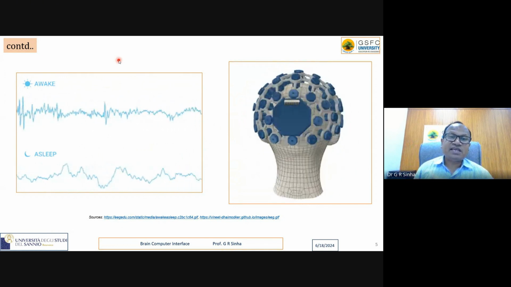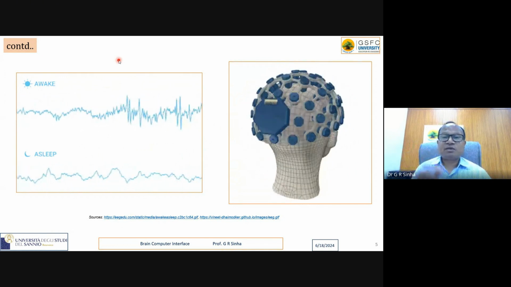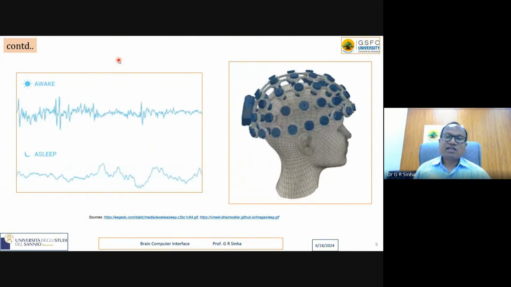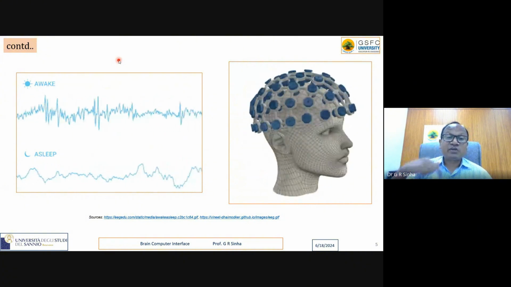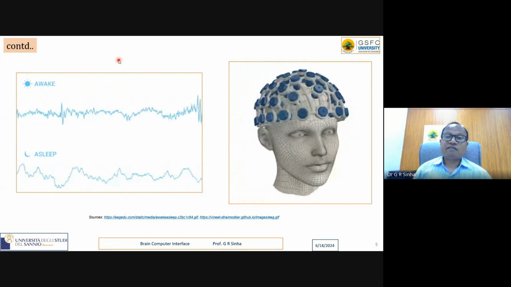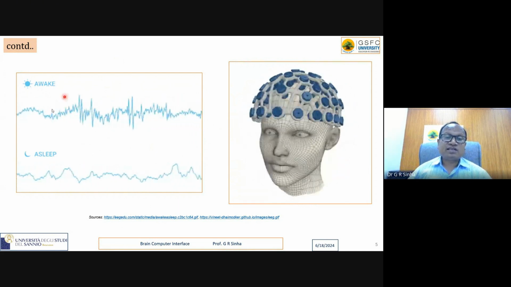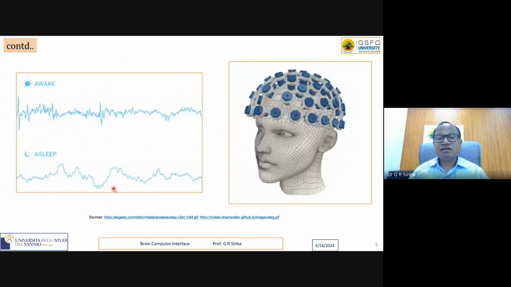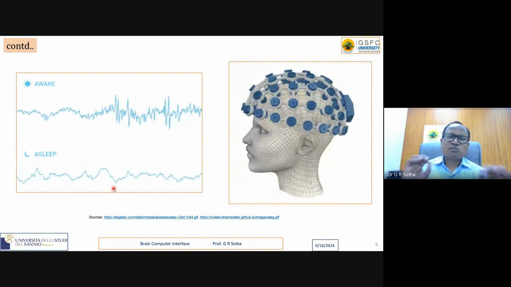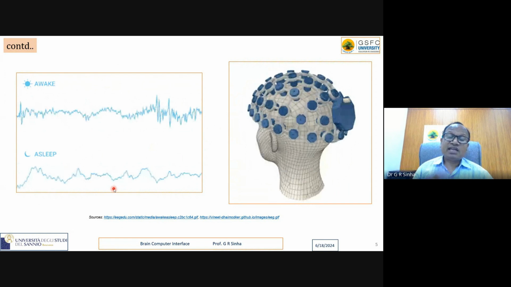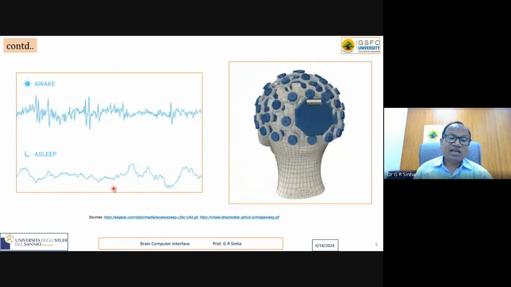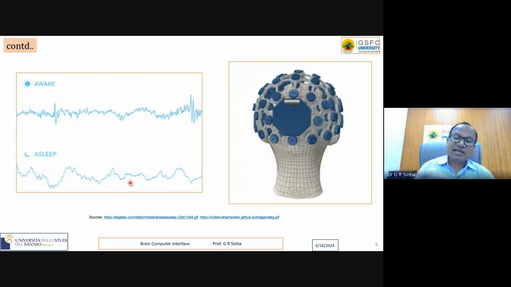The person is engaged in a number of activities, thought processes, tasks, so the frequency will be higher. Whereas when the person is sleeping, least bothered, almost at rest, not much activity, not much thinking, the frequency is less.